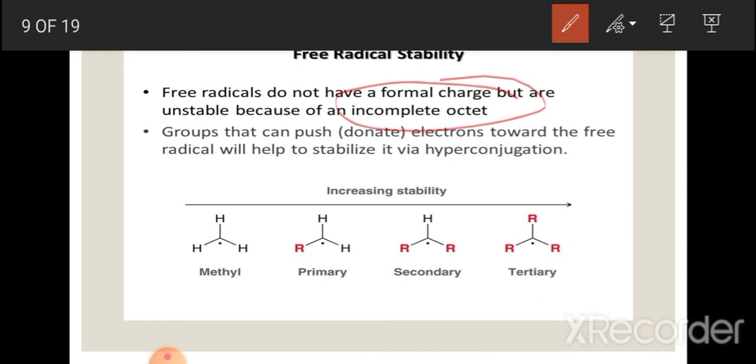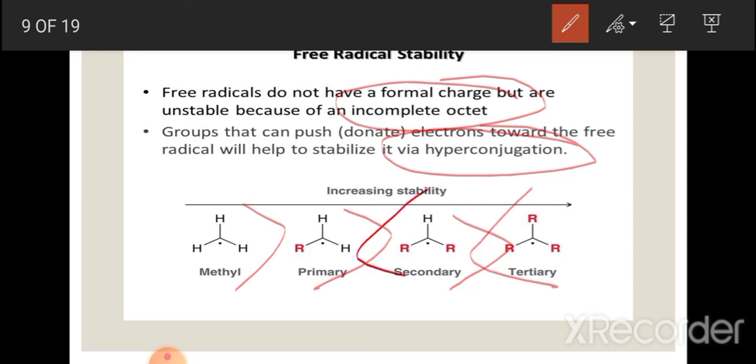Groups that can push or donate electrons towards the free radical will help to stabilize it, and this can be understood by hyperconjugation. For reactivity we take one order, and for stability we have to reverse it. So this was all about free radicals.